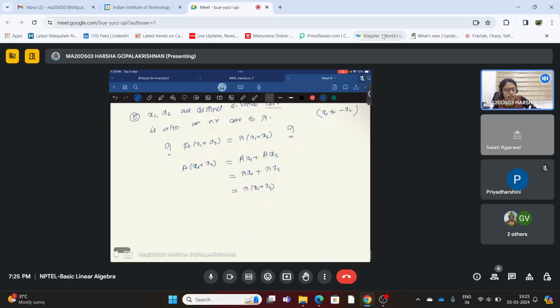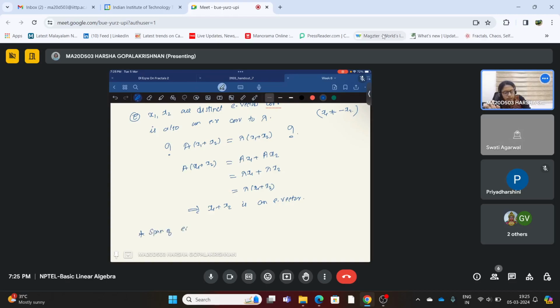So we get A(x1 plus x2) equal to lambda into (x1 plus x2). That implies x1 plus x2 is an eigenvector. So what exactly it says is, if we take eigenvectors, then the linear combination is also an eigenvector. So the span of the eigenvectors forms a vector space.